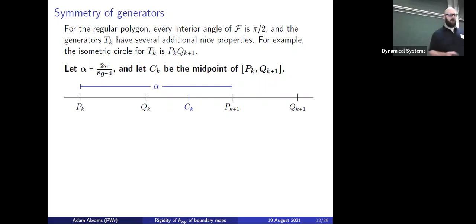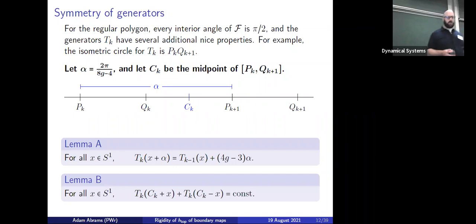We also have that all of these points, P1, P2, P3, are evenly spaced around the circle if your polygon's regular, and Q1, Q2, Q3, up to Q12 are also equally spaced. I'll use alpha for the spacing between those. And one more notation, I'll use capital C_k for the midpoint of that interval on the circle.